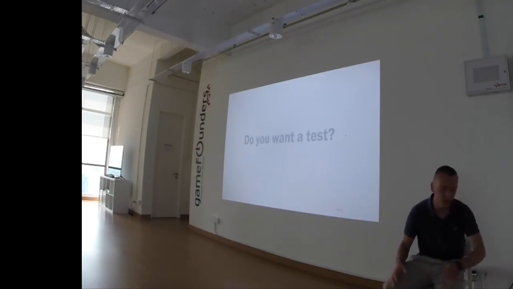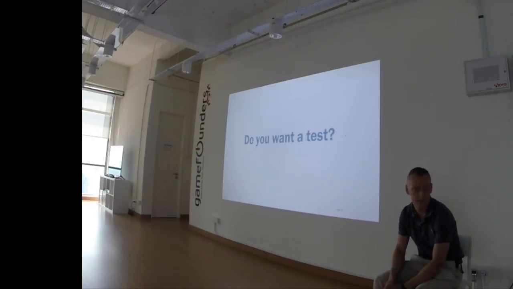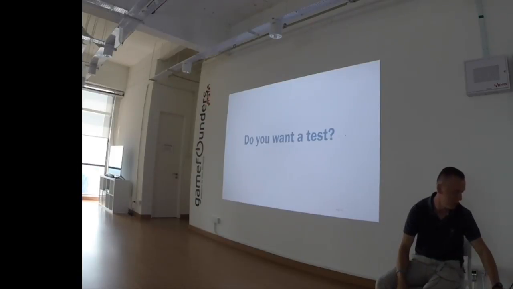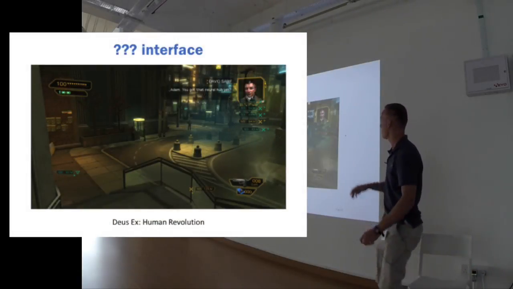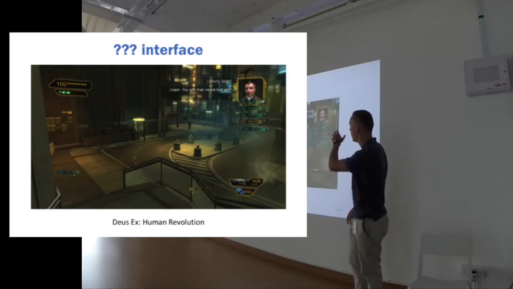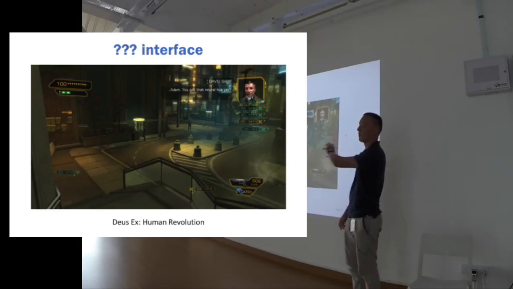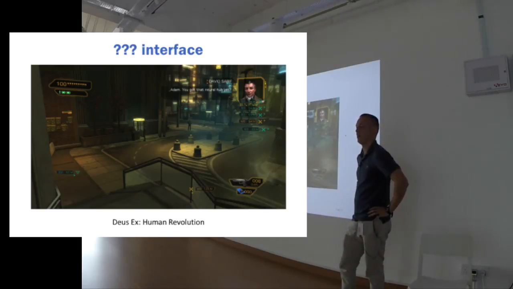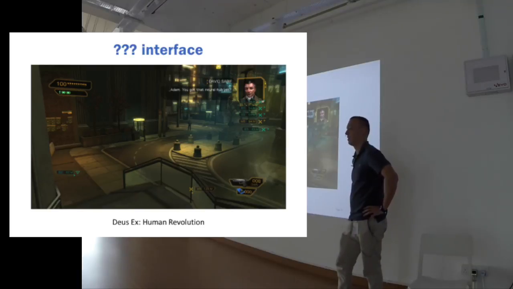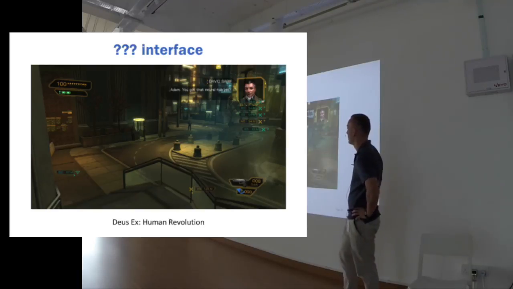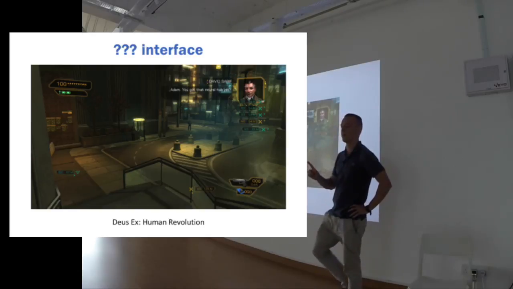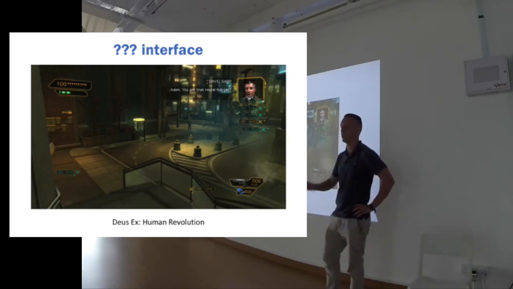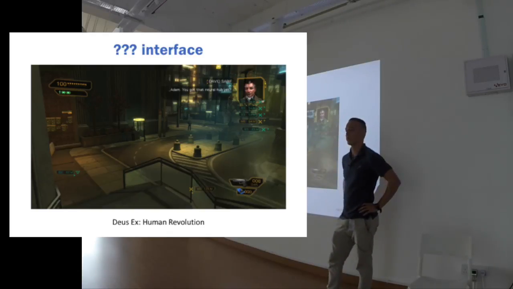Now I would like to give you some tests, because I don't want you to get tired from my speech. So this is Deus Ex: Human Revolution. Can you tell me what kind of interface that is? Any ideas? Non-diegetic or diegetic? Okay, if you think that this is a non-diegetic interface, you are wrong.